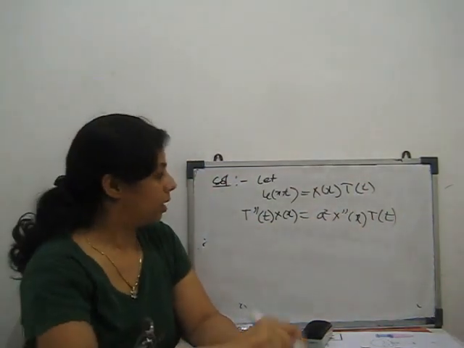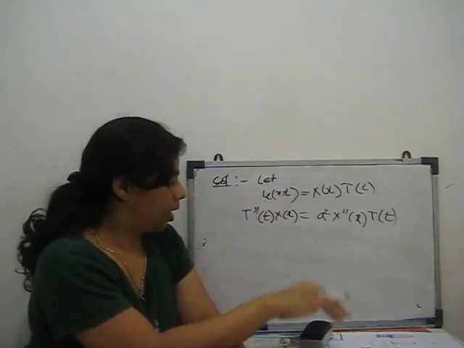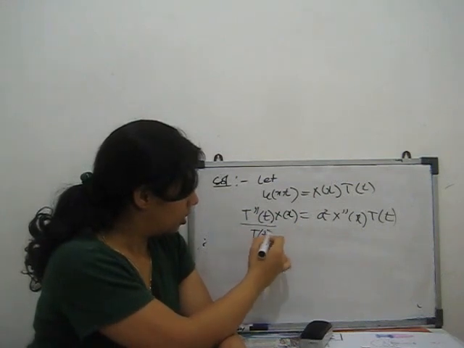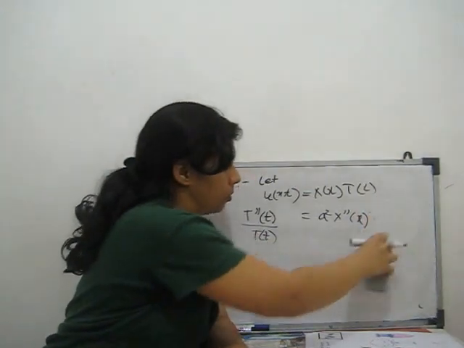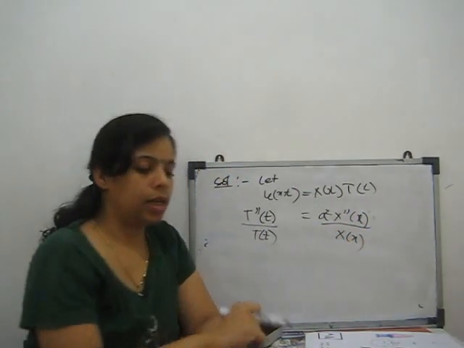Now separate the variables, T on one side, X on the other side. So when we separate, our equation becomes T double dash over a square T, x goes this side, so this becomes X double dash over X. Clear?